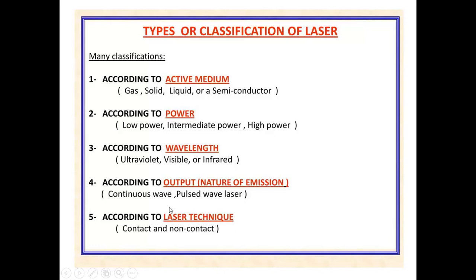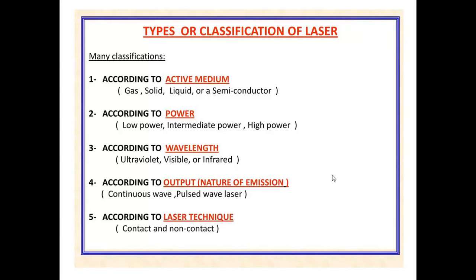According to the output nature of the emission, the laser light coming out may be continuous. Those lasers are called continuous lasers. If the light is not coming continuously but in the form of pulses, then they are called pulsed lasers.